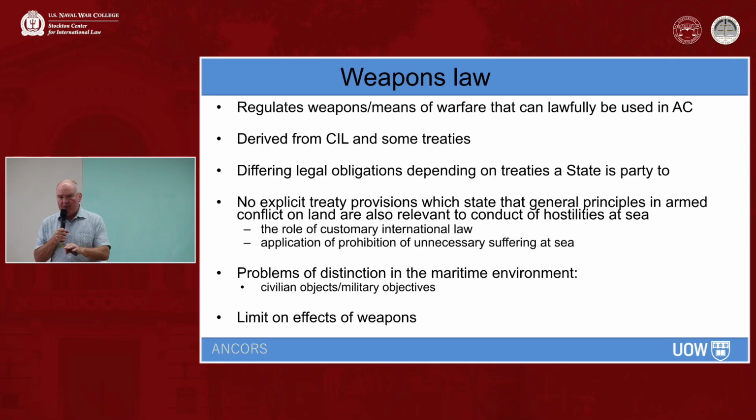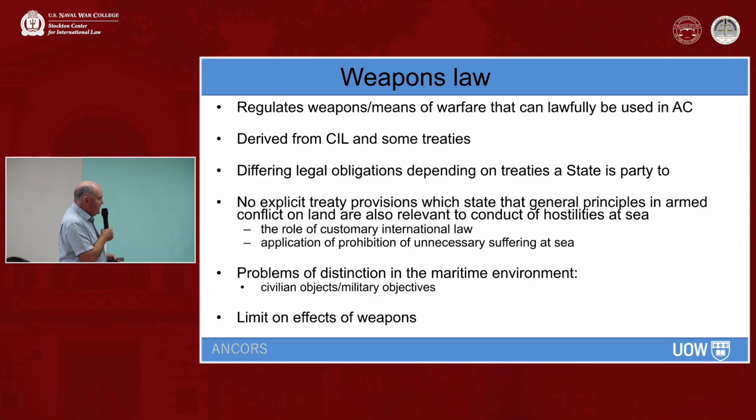And I'm not talking about Article 49 of Additional Protocol 1, which we will get to in a minute. So the fact that the weapon you've chosen to use is going to cause that platform to sink and people to lose their lives doesn't mean that there's just an automatic offence against some of those general principles.